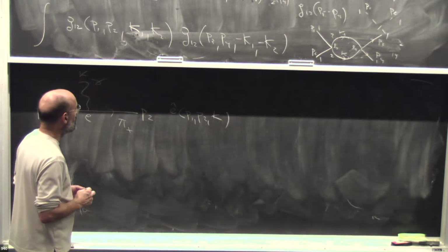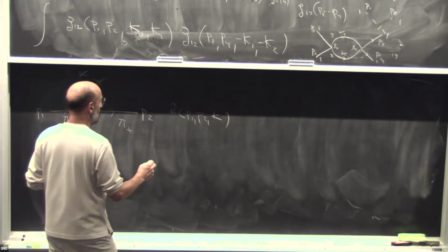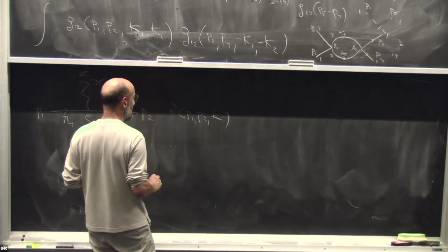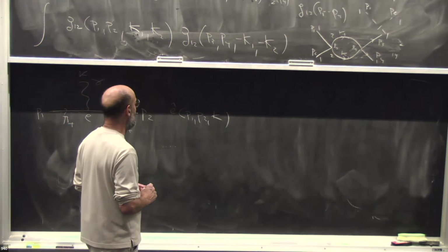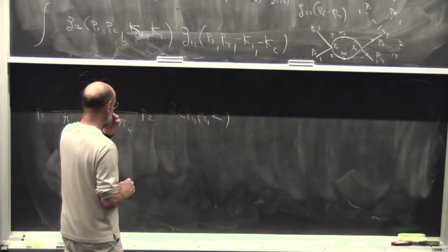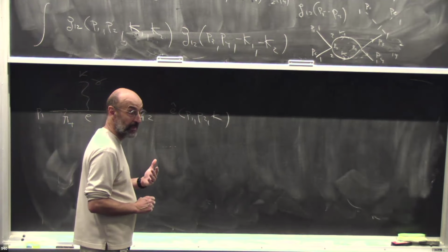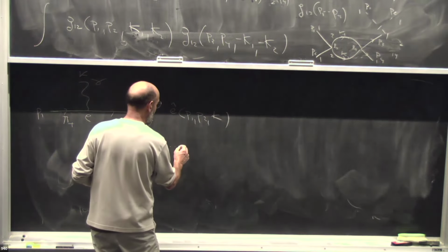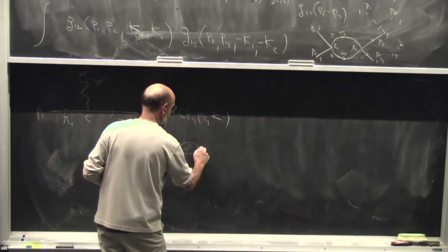You can think, now you want to understand to what extent this object E can affect the 2-point function of the pion. Okay?